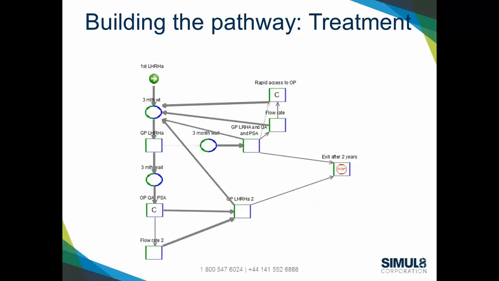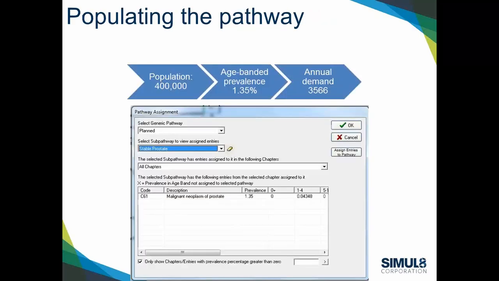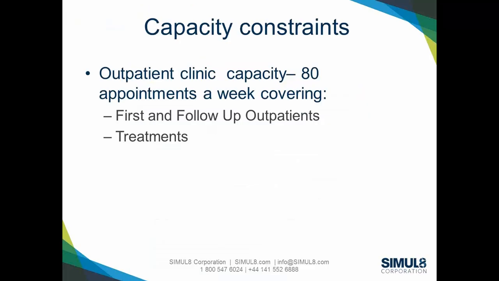And one of the questions they wanted to model was what happens if our GPs have a LES and start to provide some of this treatment instead of them going into outpatients. Does that free up our capacity? So they ran through the model, and what they looked at was a particular population, the disease-bounded prevalence and the annual demand based on the ICD-10 codes.